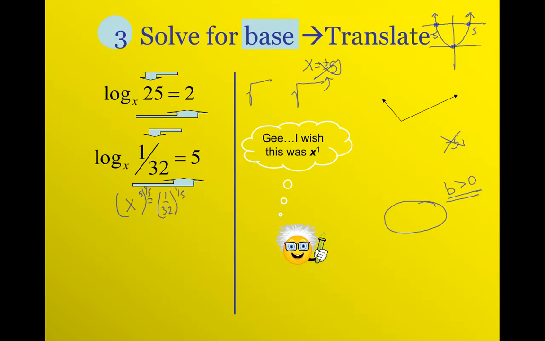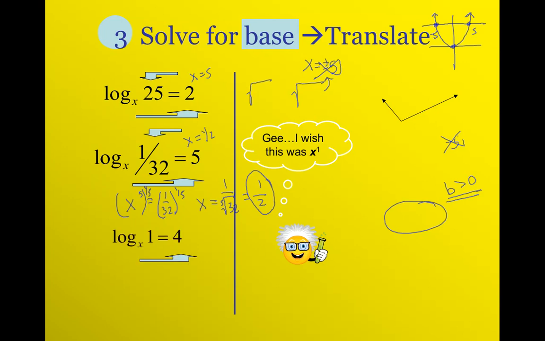And that's going to give me x equals 1 over, what is the 5th root of 32? 1/2. Does that fit the definition? Yes. That is acceptable. Your base can be 1/2. 1/2 to the 5th power is 1/32, right? You're going to raise both parts, the numerator and denominator, to the 5th power.